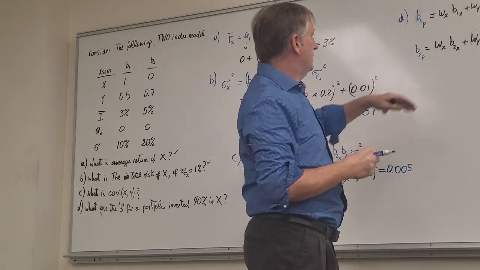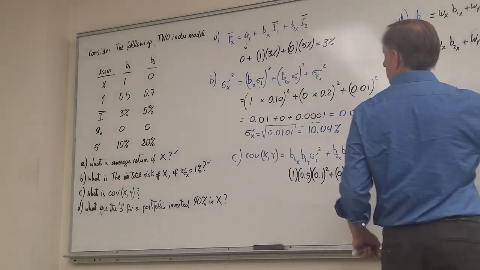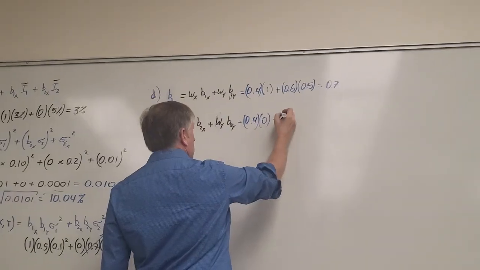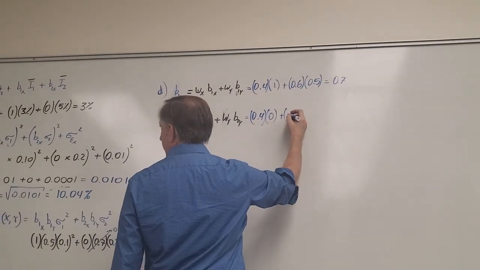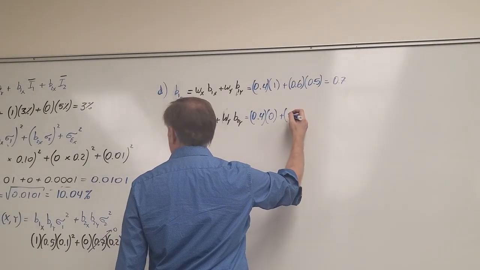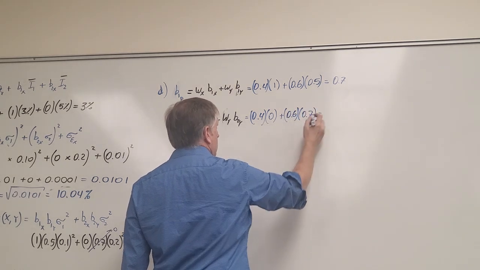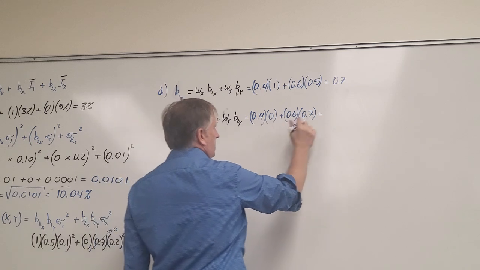What about the beta 2? You have 0.4 times 0, and then 0.6 times 0.7. So this is 0 and this is 0.42.